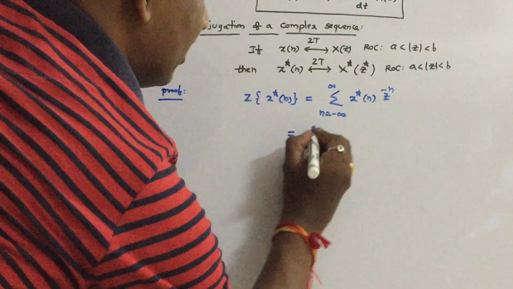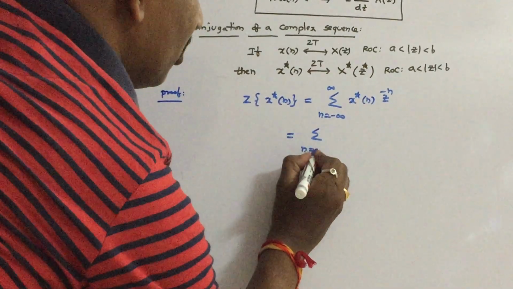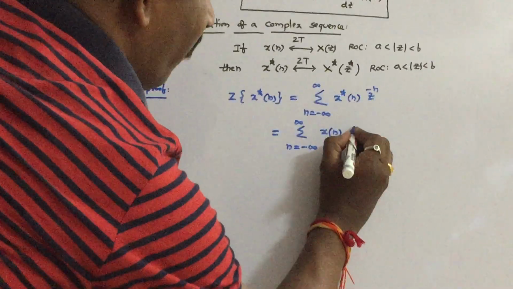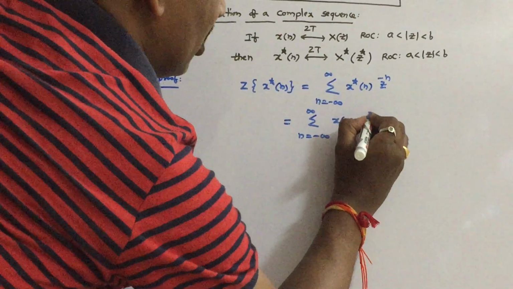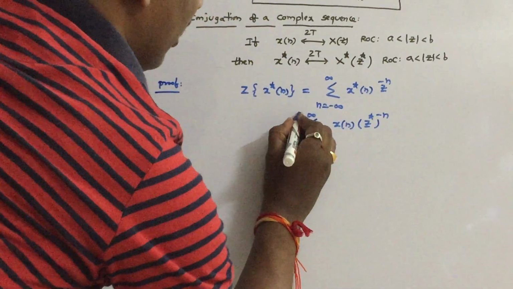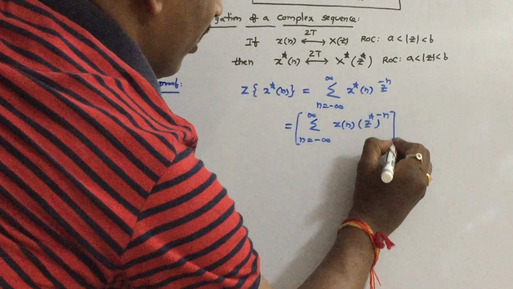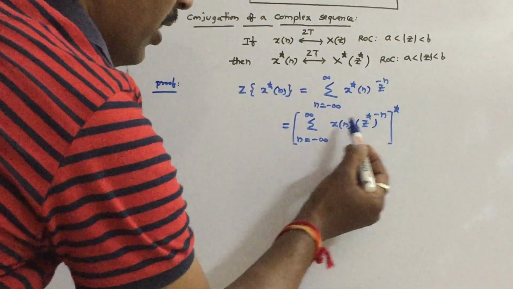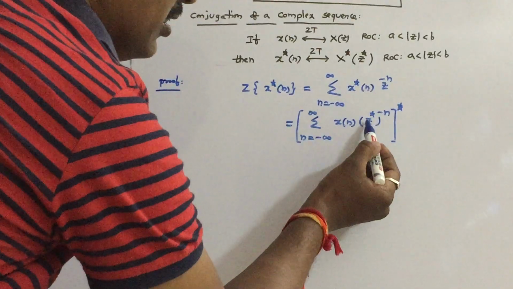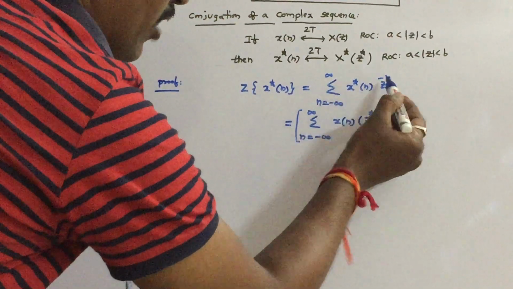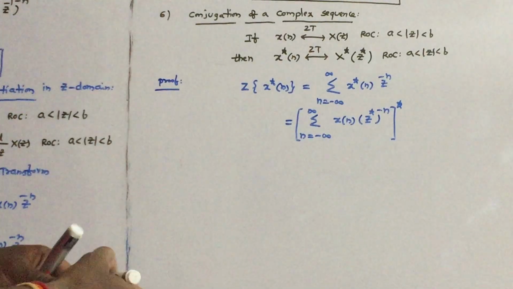So let us rearrange this term, summation n is equal to minus infinity to infinity, this is written as x of n into z star of minus n. Let us conjugate it, take the conjugate outside, so then it will become x star of n, z complex conjugation, again complex conjugation, it will become z. So therefore the upper summation term will remain as it is.